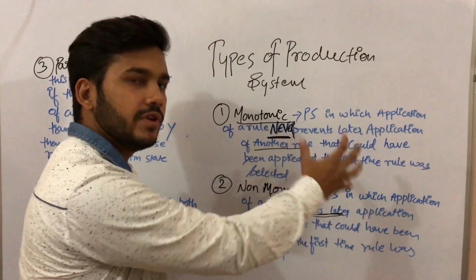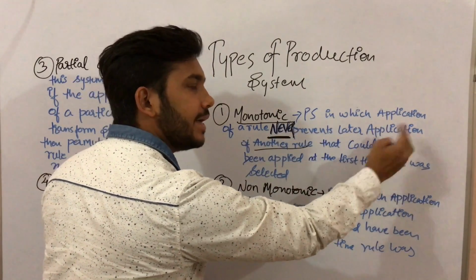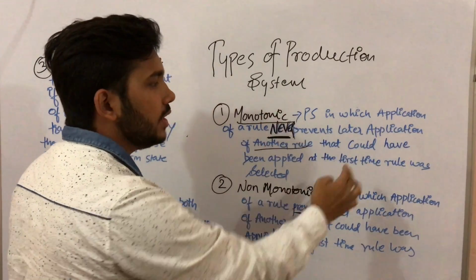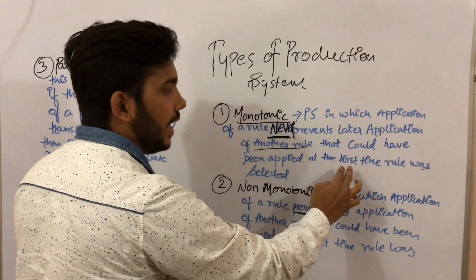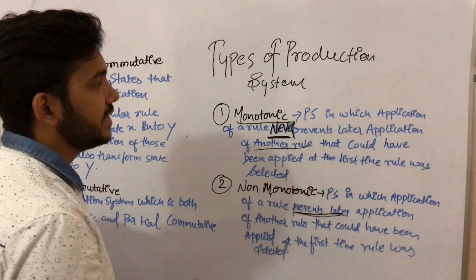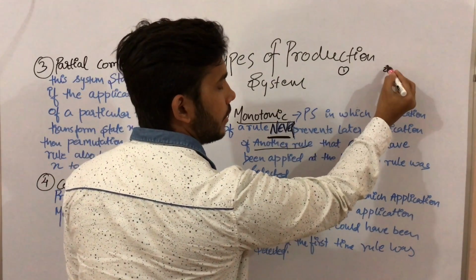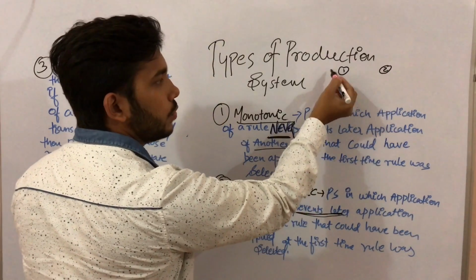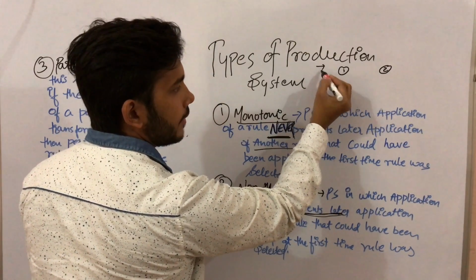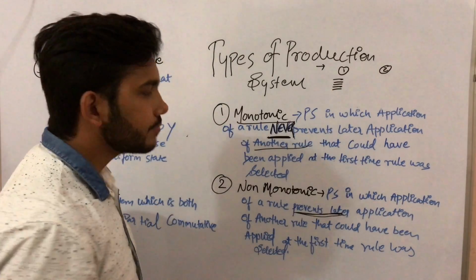Production system in which application of a rule never prevents later application of another rule that could have been applied at the first time when rule was selected. What basically this means, suppose there were two rules, rule 1, rule 2, and you have chosen rule 1 at the initial point and you have moved forward 5 to 6 steps.